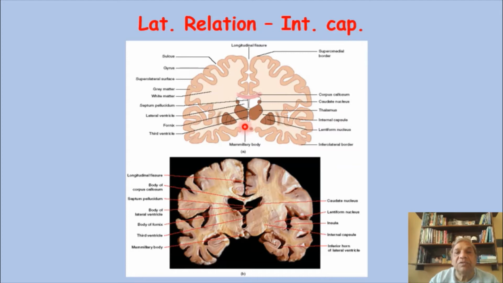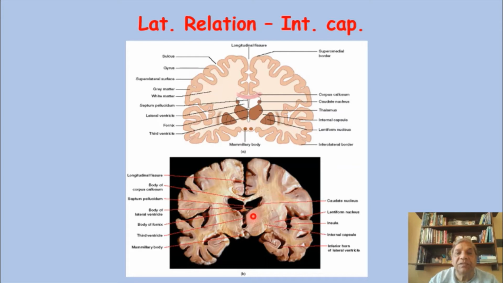This is the portion of the hypothalamus which is also forming the floor of the third ventricle, and these are the right and left mammillary bodies. Just lateral to the mammillary body is the extension of the internal capsule. So the lateral boundary or lateral relation of this hypothalamus is nothing but the internal capsule.